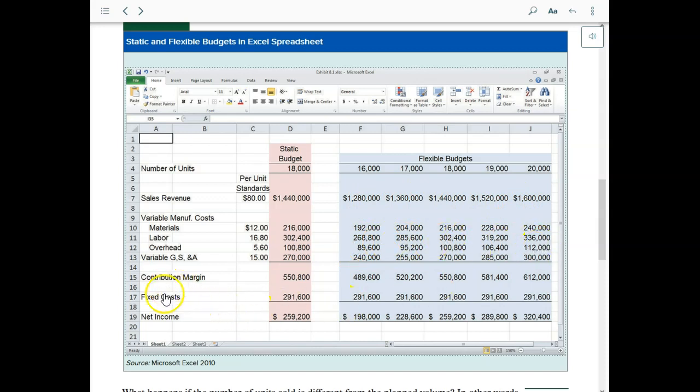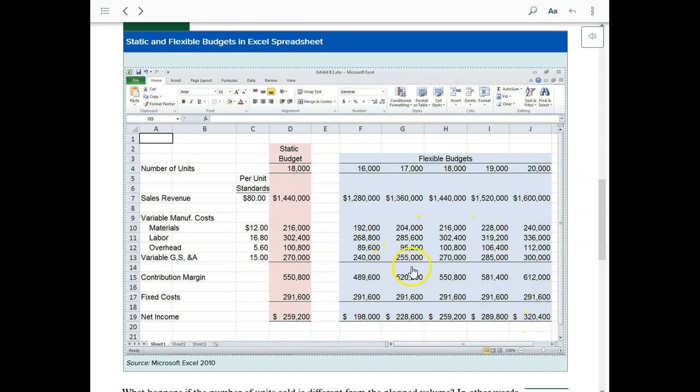But then look at this. Fixed cost should not change among the levels. If this is a truly fixed cost, and we are still within the relevant range in all these activities, which we are, the fixed cost will not change even though we expect to sell more and more units. And then you can see what the net income is expected to be under each of these levels.